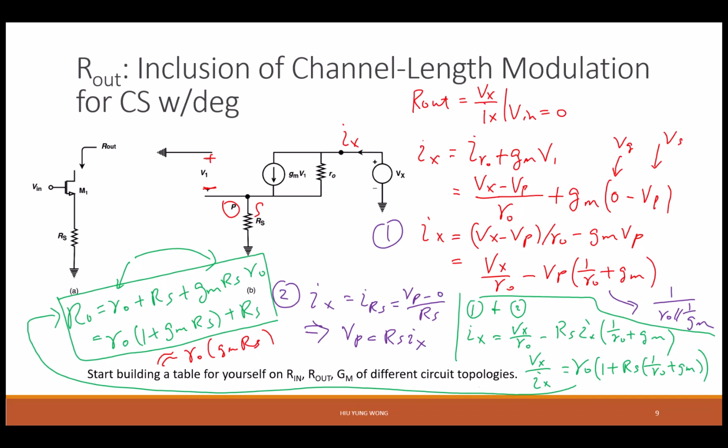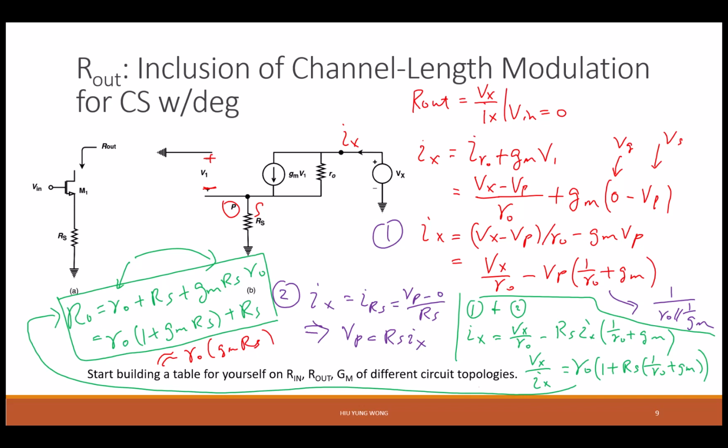Then I have R0 on the right, and then divided by 1 plus Rs, times 1 over R0 plus Gm. Did I do something wrong?